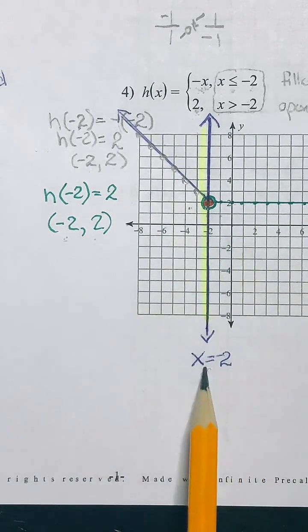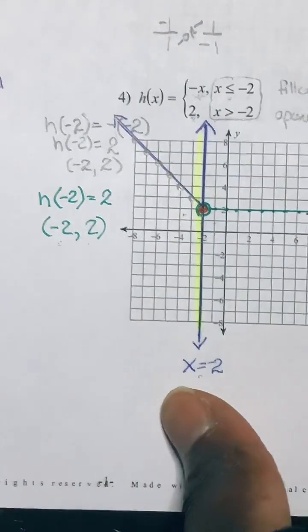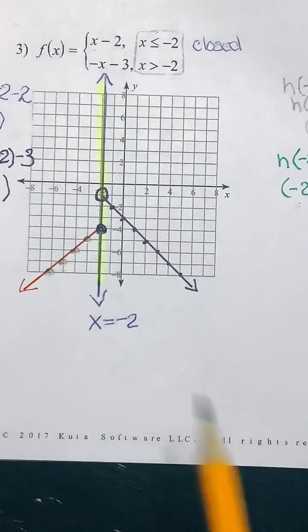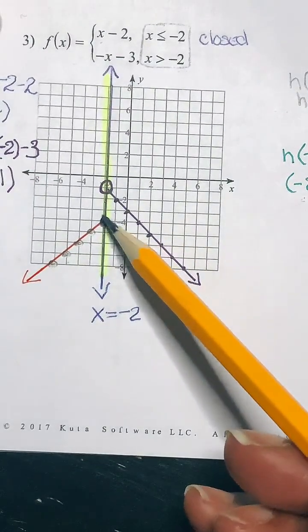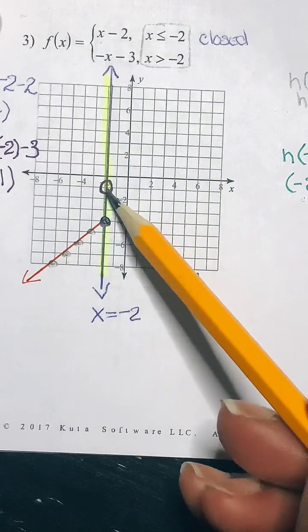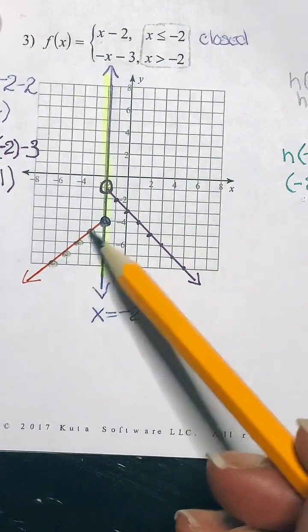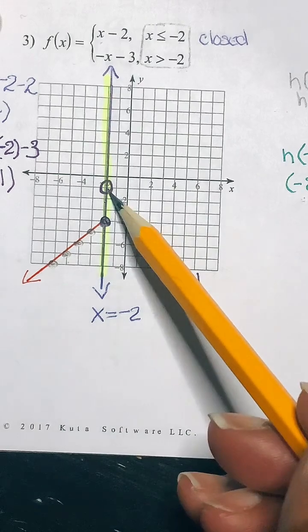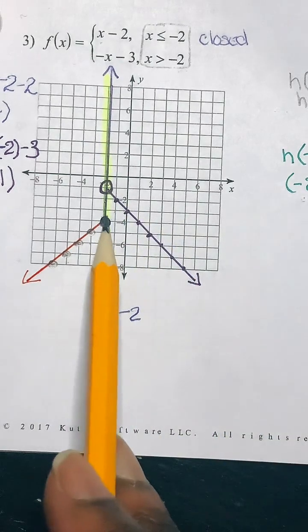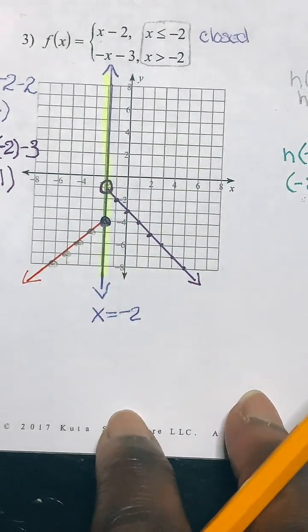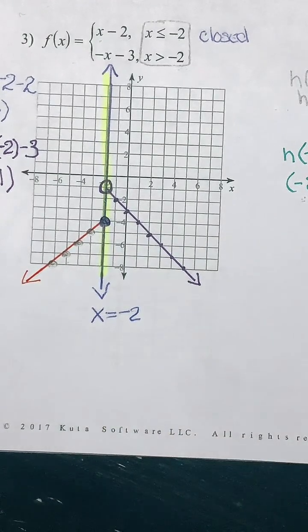So there is something at x equals -2. But here, there's a gap. There's a huge gap, right? Between those 2 points. So they're not approaching the same spot. So there is no limit there. Okay.